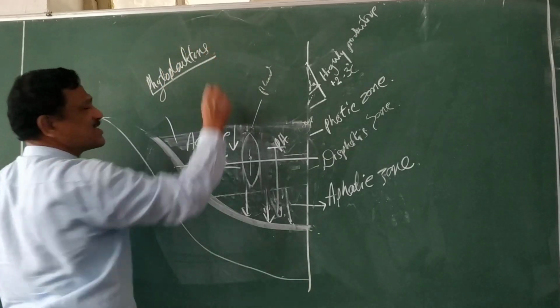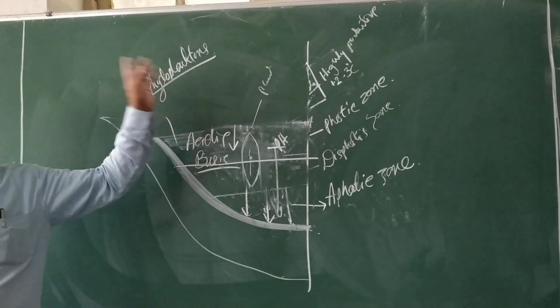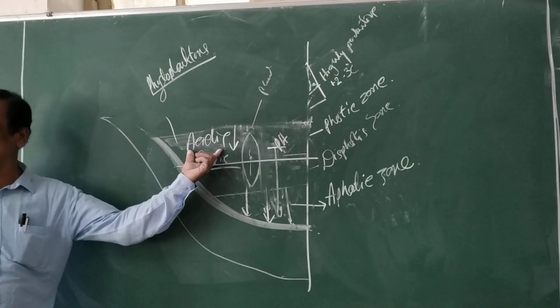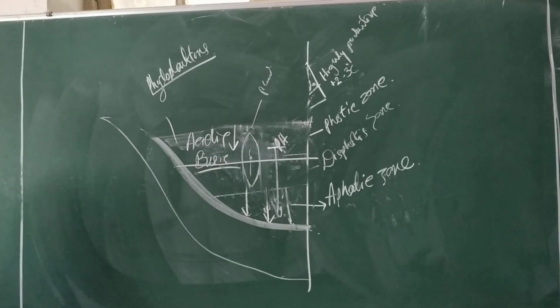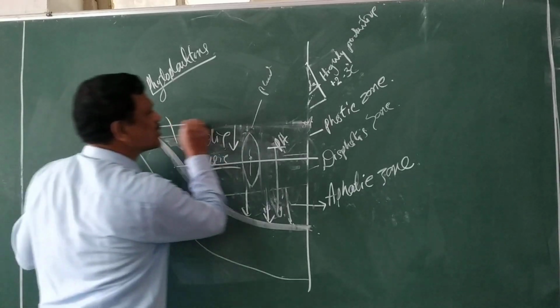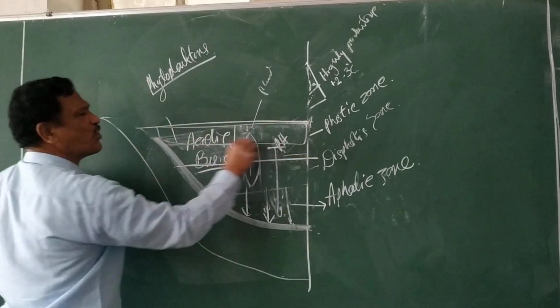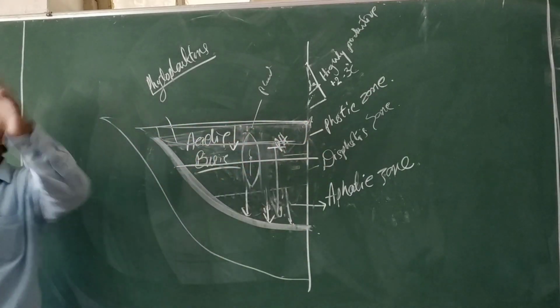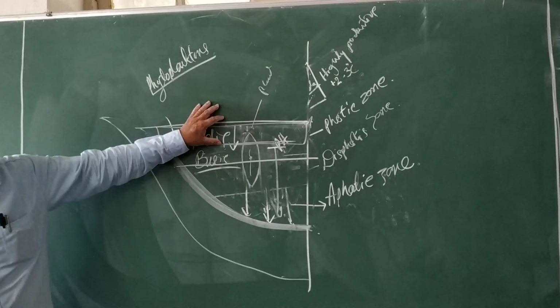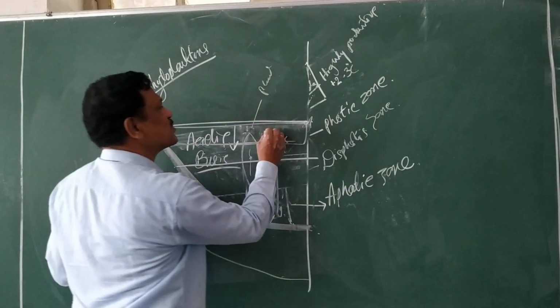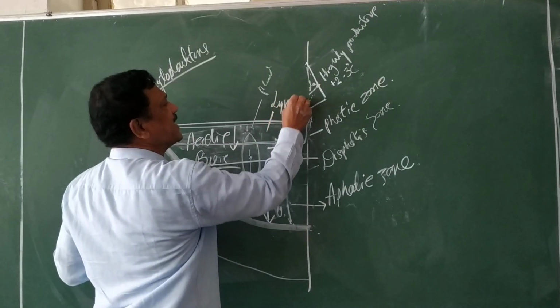Most of the phytoplanktons belong to algae. And these phytoplanktons are miniature plants, microscopic plants, and they are present always in the upper layers of this photic zone, right? And therefore this zone is called limnetic zone.